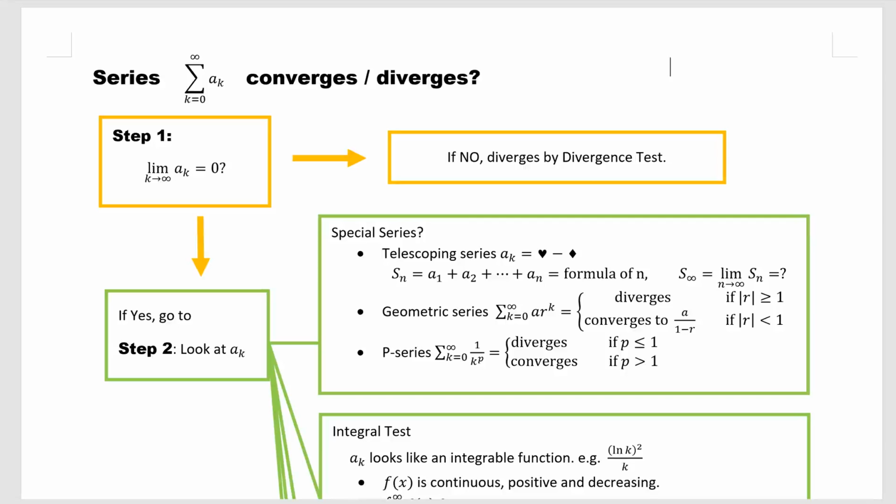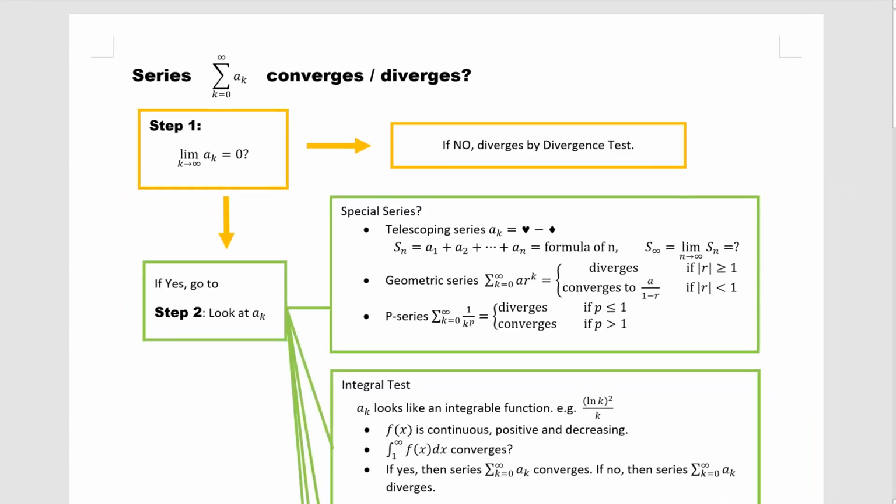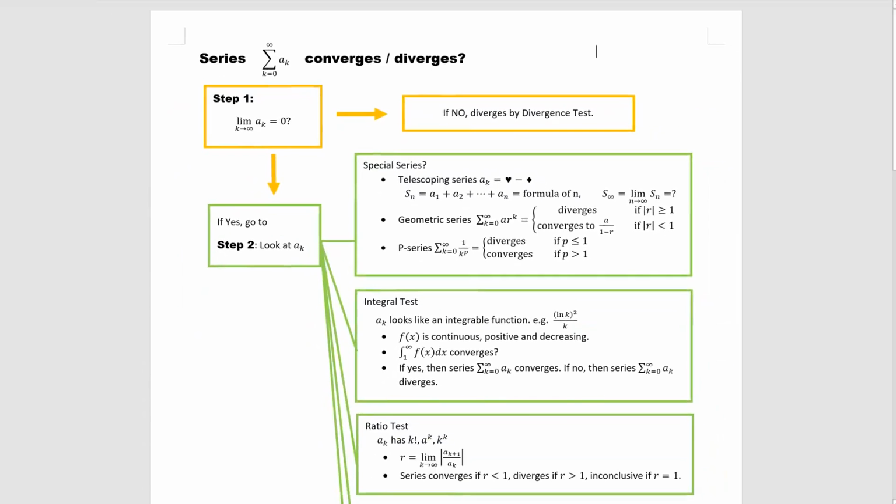This map summarizes what we have learned in chapter 8. Okay, so let's look at it. Let me make it smaller. So given a series, all the terms are positive, we want to ask whether the series converges or diverges. So here we have two possibilities, either converge or diverge.